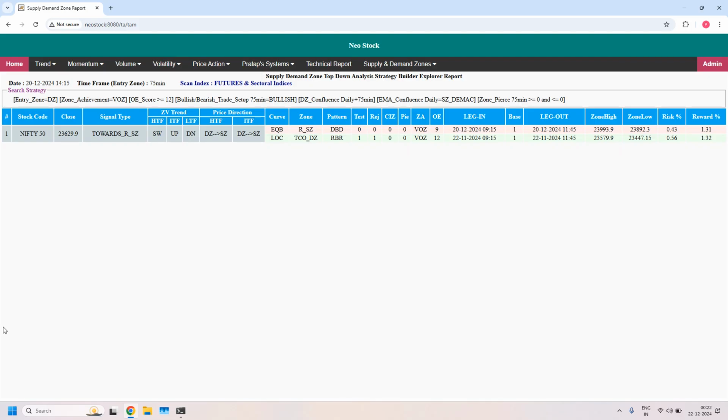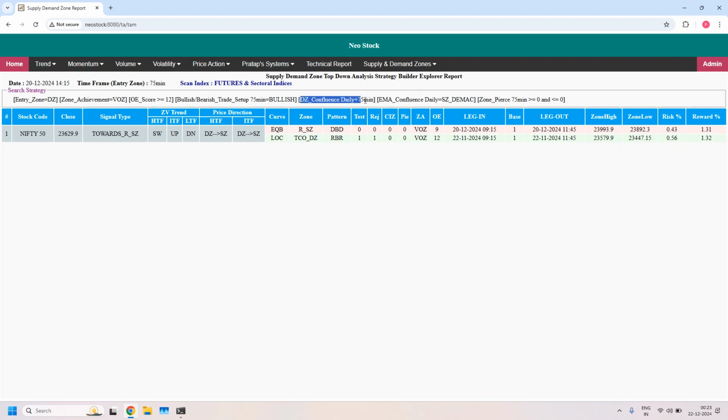Okay, next let us look for LTF, ITF and HTF demand zone confluence. So, did I make any mistake while explaining? This demand zone is having EMA confluence, not the supply zone.